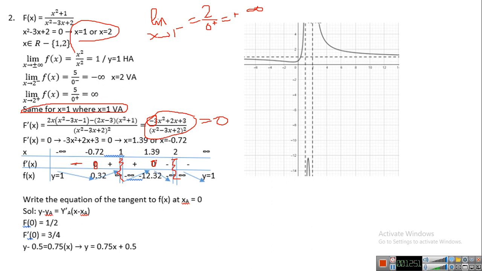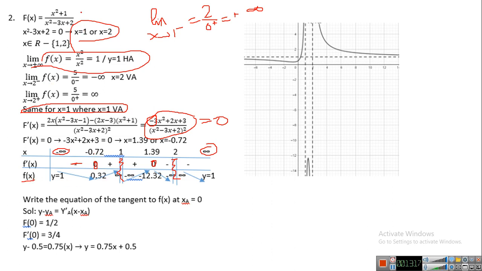And between 1.39 and infinity, you can take any number, which is 3. 2 is impossible, you cannot take it. So you can check that this is minus: minus going down, plus going up, plus up, minus down, minus down. At plus or minus infinity, we have the horizontal asymptote from here, which is y equal to 1. And then you replace here, you have f, not f prime.